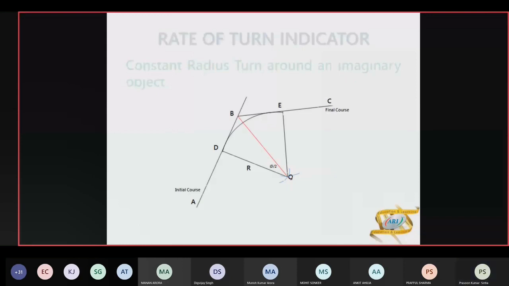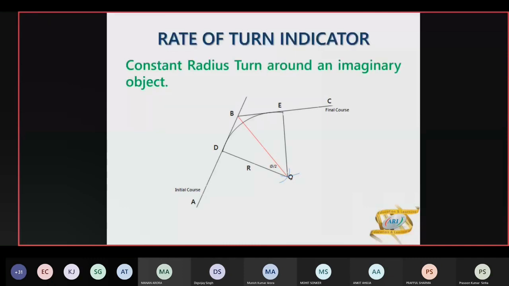Next. The second part, planning the turn around an imaginary point.